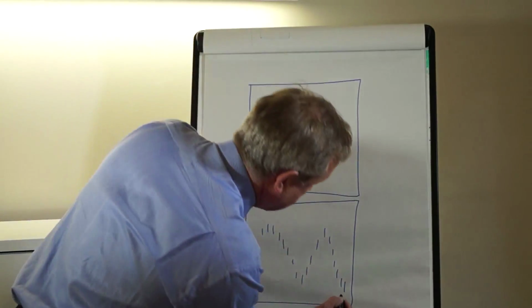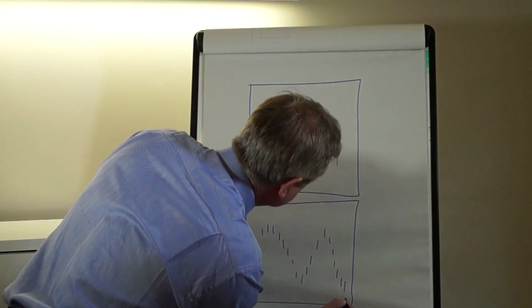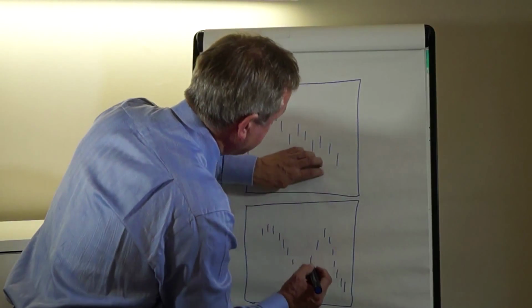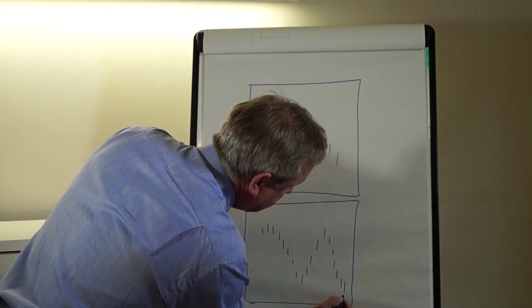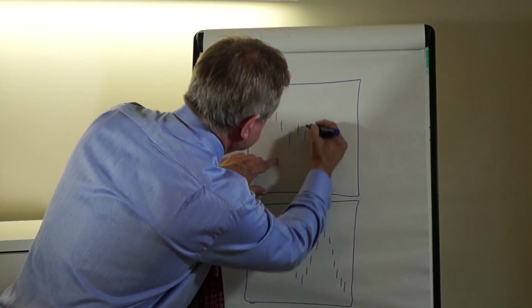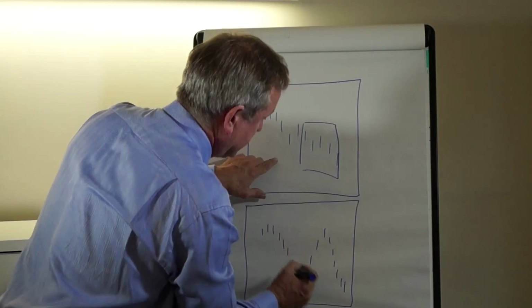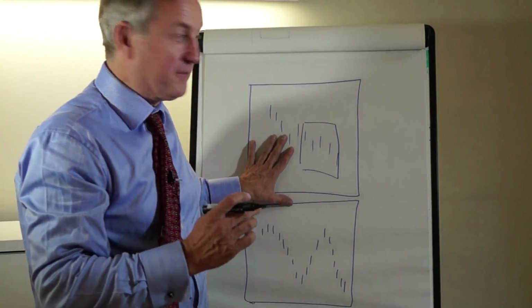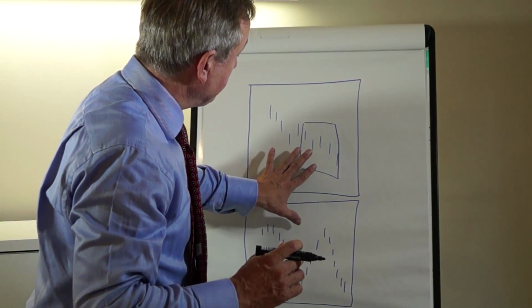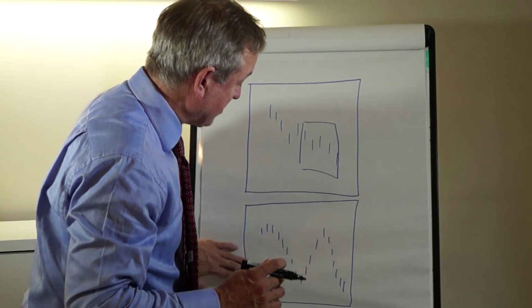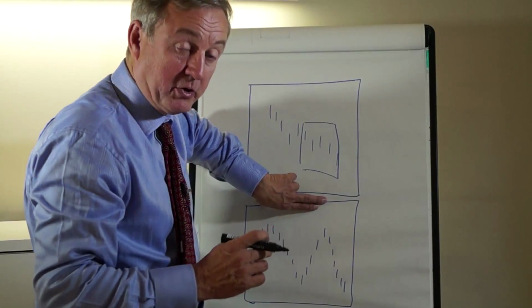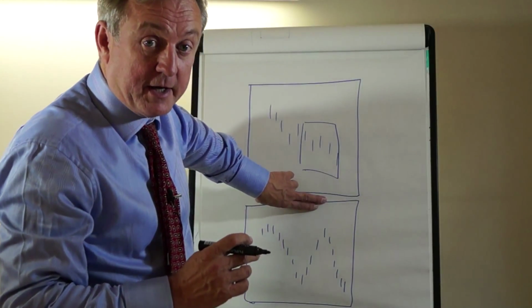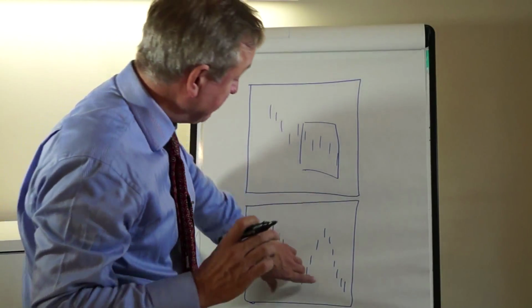Say this is an hour bar chart, say this is a daily bar chart and that's a weekly bar chart, this week would have this number of bars in it. The next week would have this number, but it goes back further. So one reason for the difference is simply that the historical time frame for the bottom of the chart is longer, the bigger the time interval used to make any individual bar.